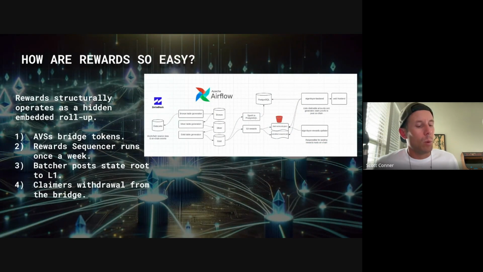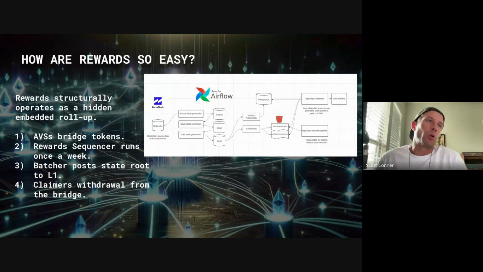One way to think about what we've done is we've built an embedded rollup. You can think of calling submit reward as a bridge in, with a very specific instruction set in a VM around making these stake weighted calculations.